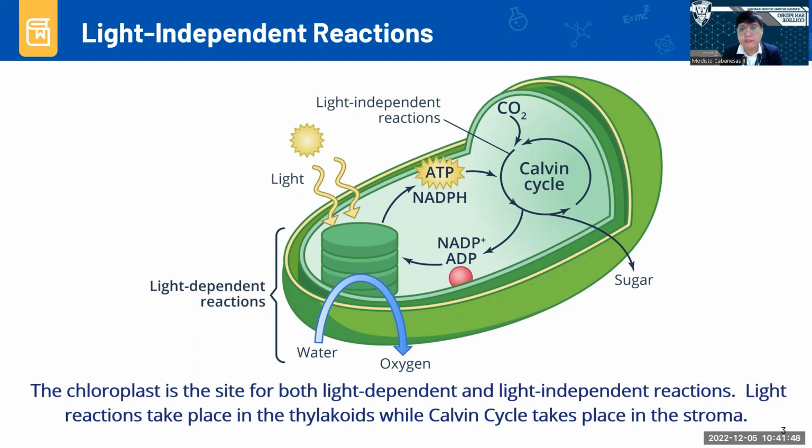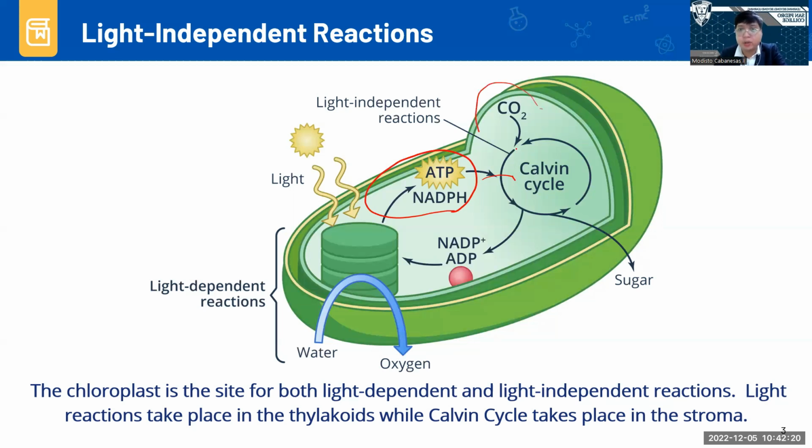So this is the overview of the whole photosynthetic process. You can see how the light-dependent reaction is separated dun sa light-independent. So you can see also that the light energy is used doon talaga sa thylakoid, while we produced ATP and NADPH as part of the products of the light-dependent reaction, and it goes doon sa Calvin cycle. Kasi kailangan siya ng Calvin cycle.